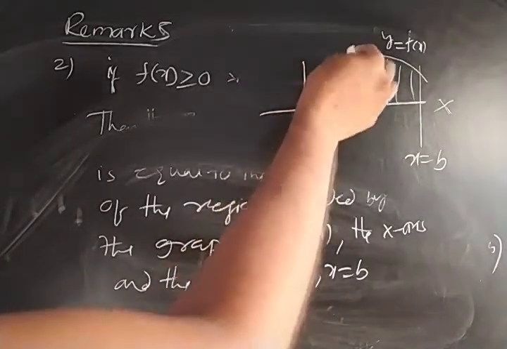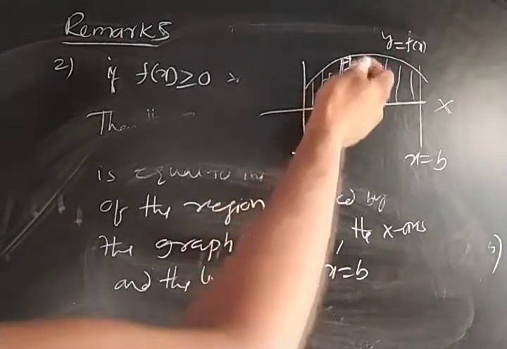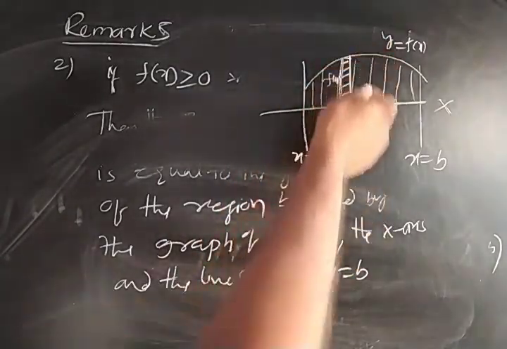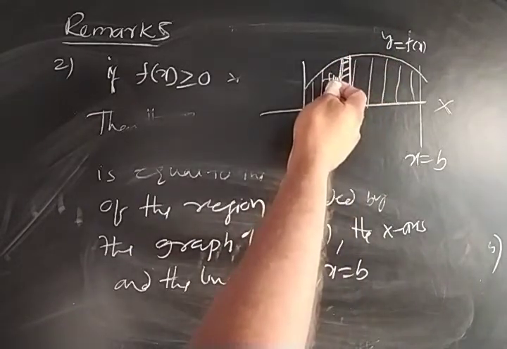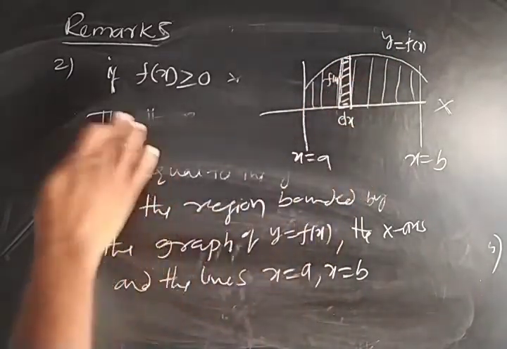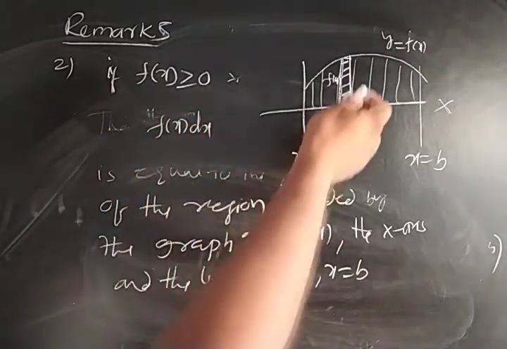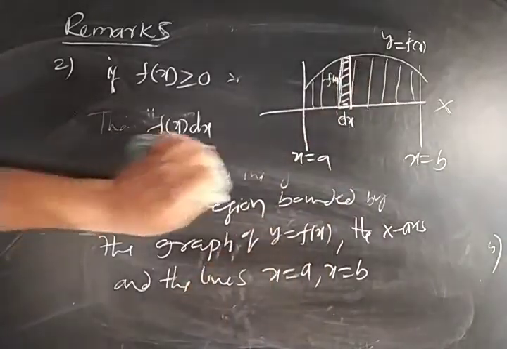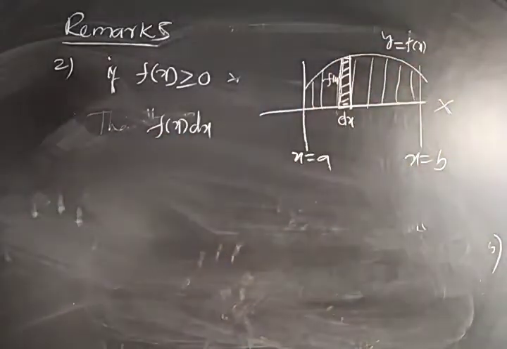If you assume this as a rectangle, the small strip area is length into breadth. The length is f of x, the breadth is dx. So f of x into dx is the area of the small strip in this region.